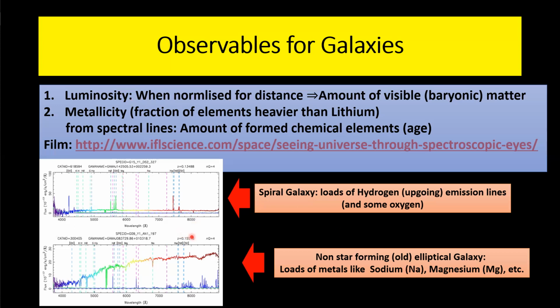Okay, the next thing is, we get the chemical composition: elliptical galaxies usually don't have too much hydrogen left relative to these heavier elements. So loads of hydrogen seems to have gone.